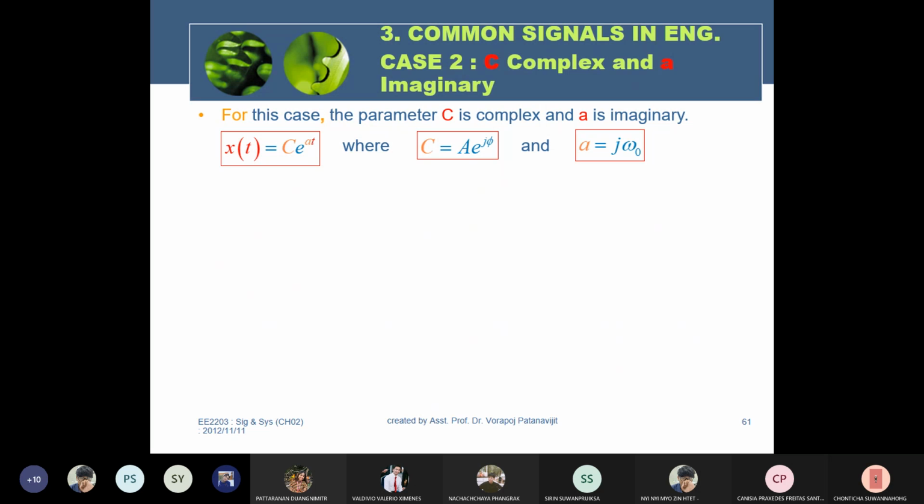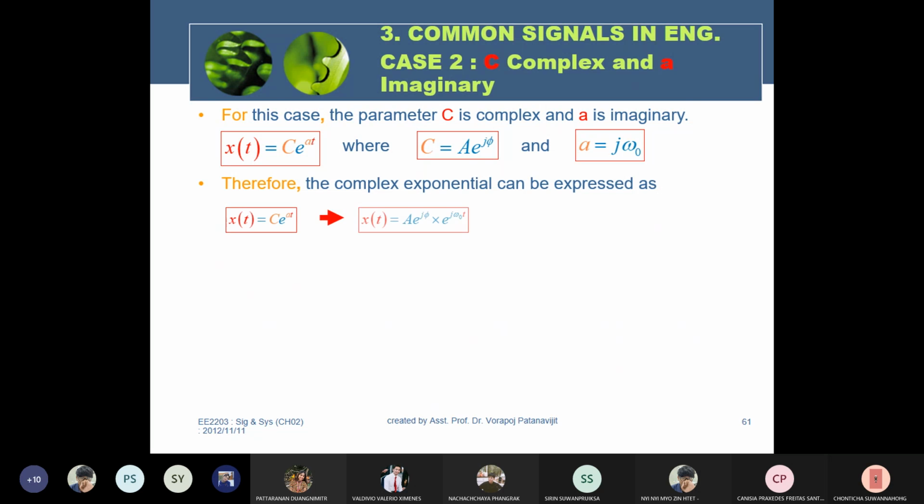You can group them: C here and A here have some common j, an imaginary number. So e^(j something), you can use Euler's relation to convert it to trigonometric form, e^(j theta).